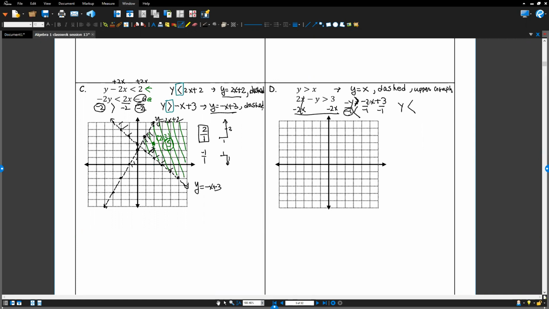Negative 2 over negative 1 is positive 2x. 3 over negative 1 is negative 3. Now the graph is y equals 2x minus 3. There's no equal sign still, so this line is dashed. And less than is what? Lower graph.